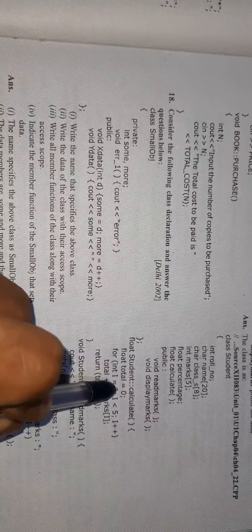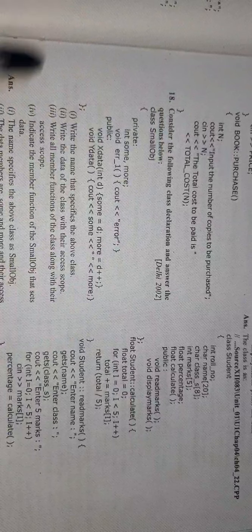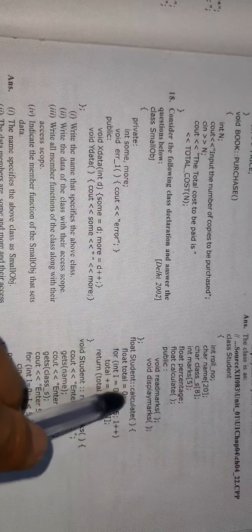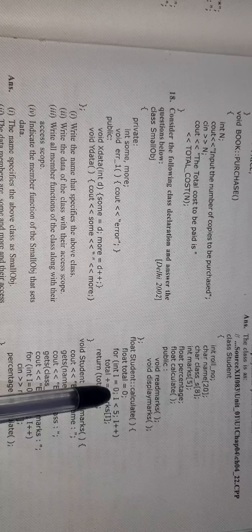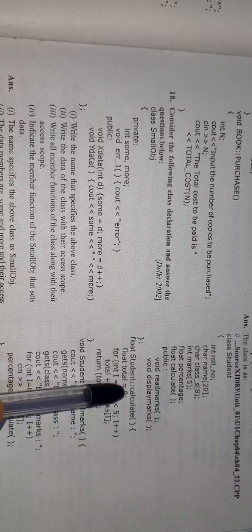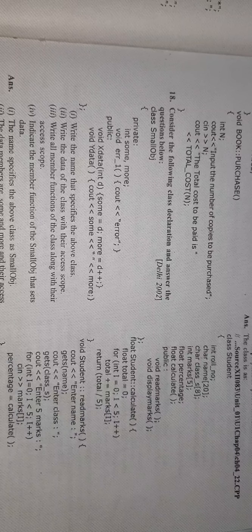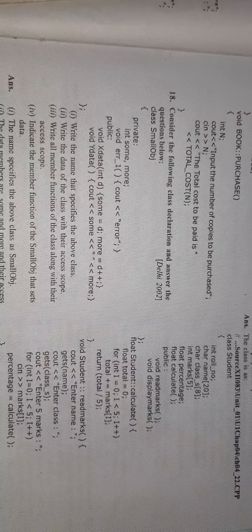This is not the first time you are seeing this formula being executed. If you remember the array chapter, you have used this concept there, in the starting program, sum of first 5 numbers.